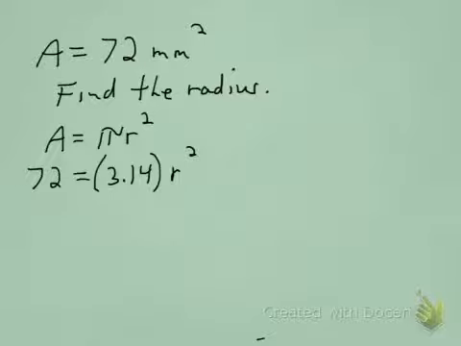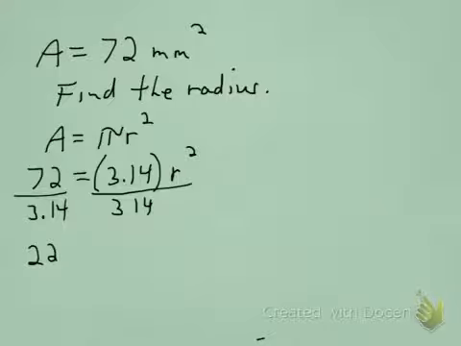Alright, what do you think we do first? Yeah, we want to get the r by itself. So let's divide by the 3.14. And that gives us, I believe, 22, it might be rounded here, 22.9 equal to r squared.